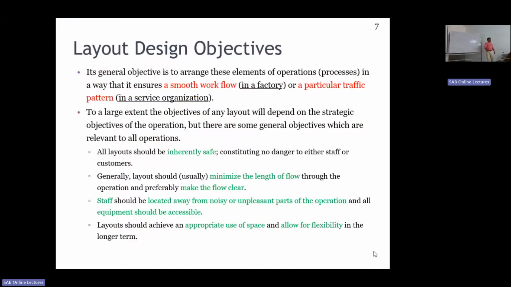So the layout should be designed in such a way that they are safer places so that users may not get affected.